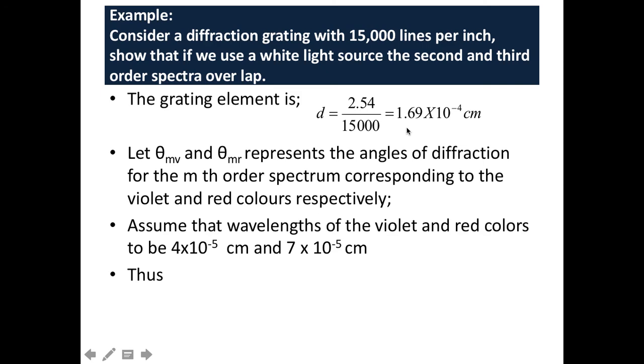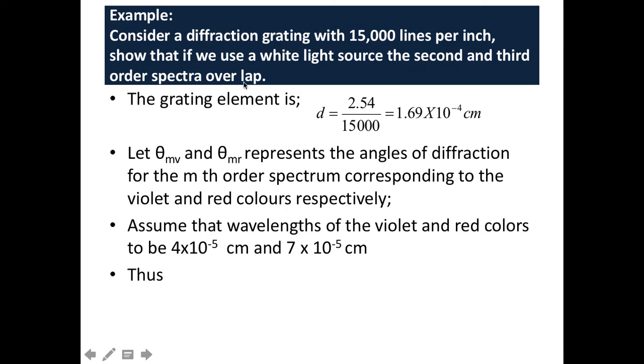Let's assume that theta mv and theta mr represent the angles of diffraction for the mth order spectrum corresponding to the violet and red colors respectively, because we use the white source. So we have taken violet and red colors, and we know the wavelengths: assume that the wavelength of violet and red is 400 nanometer and 700 nanometer. Now, what is in the question?